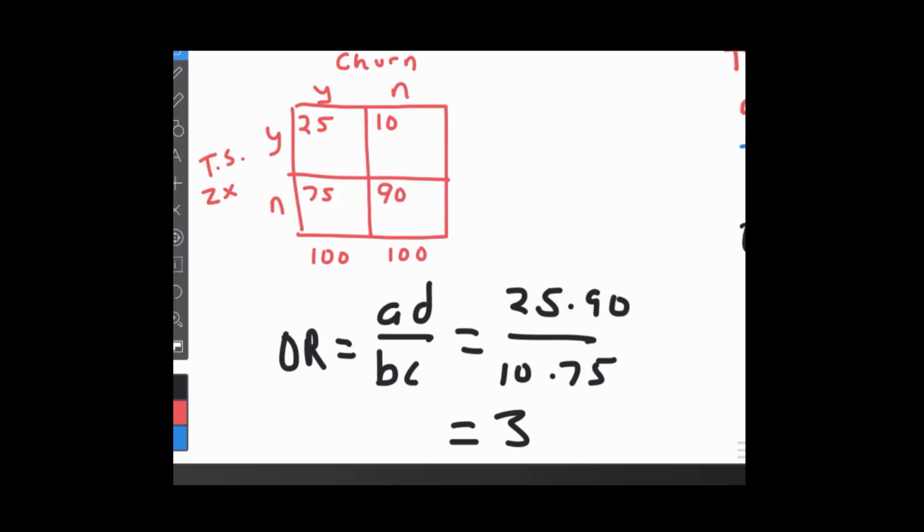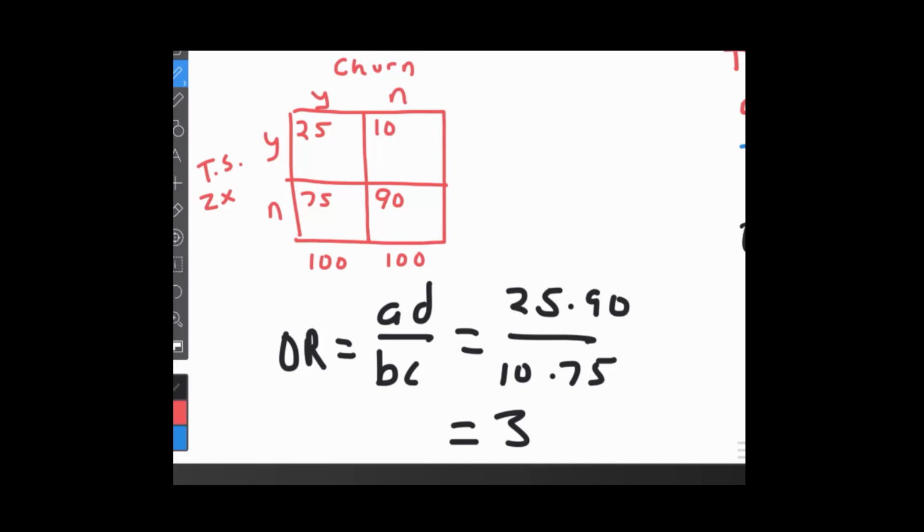If you label these cells as A, B, C, and D, if you cross multiply, you get AD on the top and BC on the bottom. A times D divided by B times C, 25 times 90 divided by 75 times 10, then you will get the odds ratio that way. That's just a shortcut formula that you might want to use.